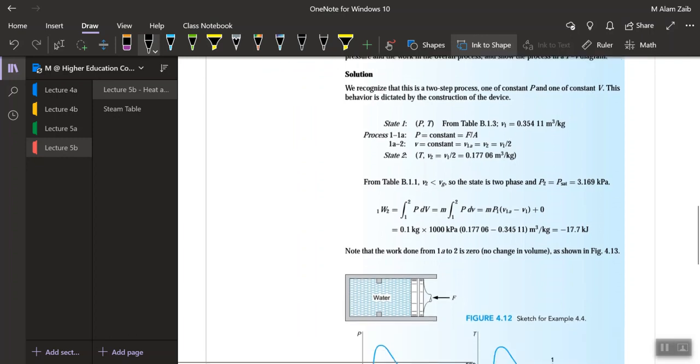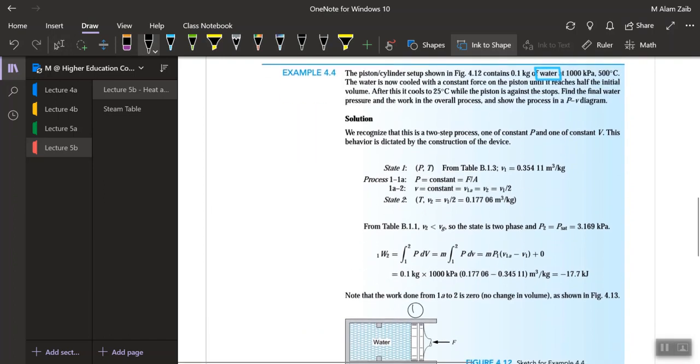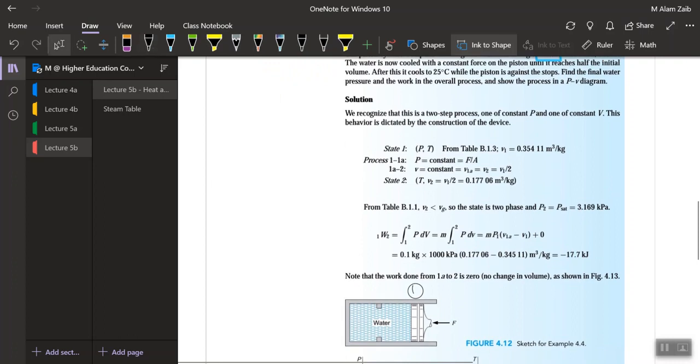Initially we have a piston and cylinder arrangement, state 1, and we are cooling the piston until it reaches half of its initial volume. So we have 1A, which is half of the initial volume. The stop is at half of the cylinder.